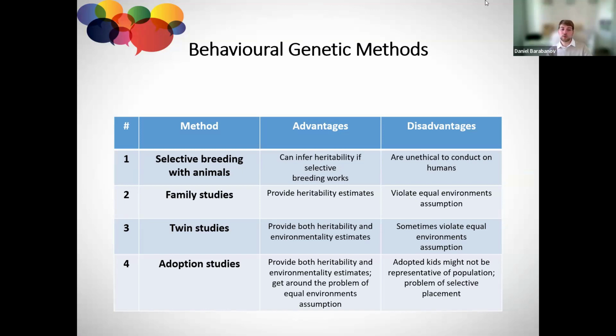It could provide a lot of interesting research information, obviously, but it's completely unethical. So we will never see such research results in any scientific article. That's why, if we speak about research done on humans, behavioral geneticists usually use one of three methods listed here. First is family studies.